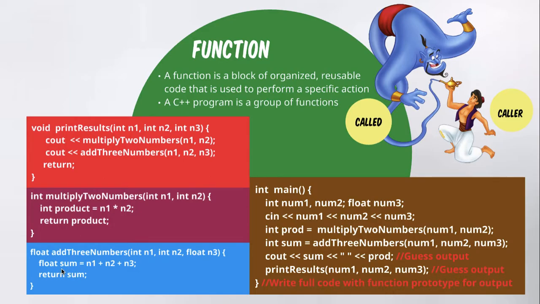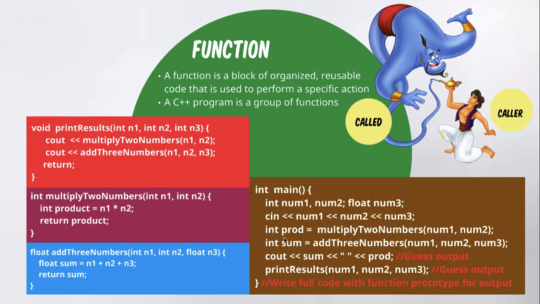So the type of the data element being returned is the same as the type of the function. Right after encountering this return statement, it automatically goes back to its caller function, that is the main function, and stores the returned sum inside this sum variable.